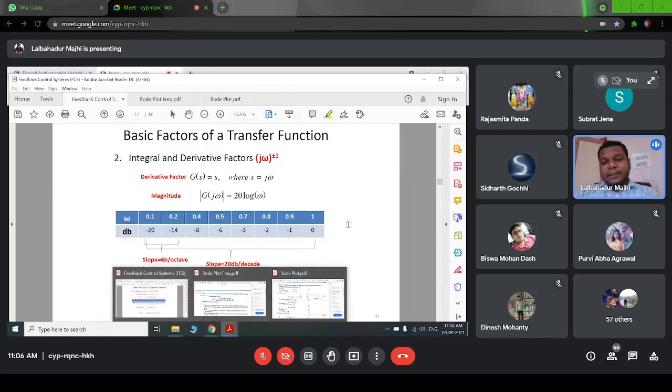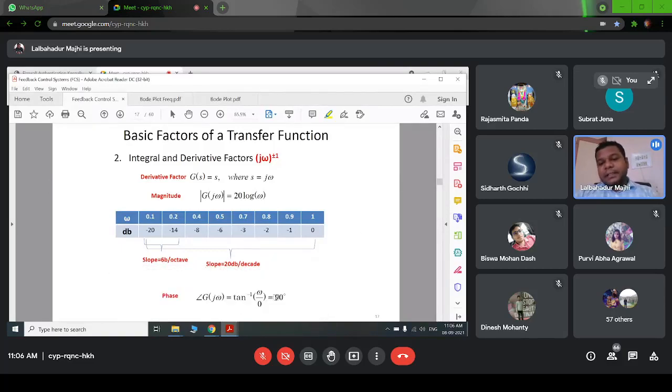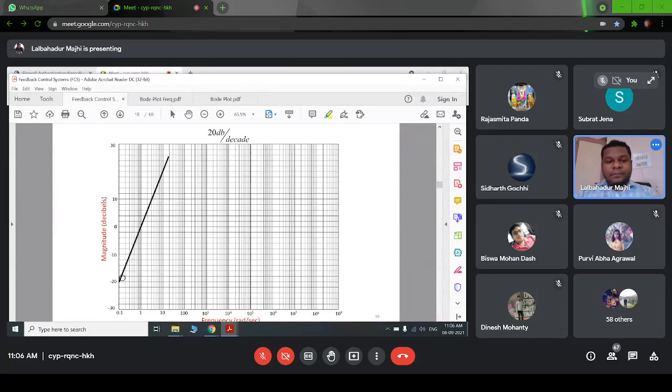Similarly, we know the phase angle. The phase angle will be tan inverse of the imaginary part by the real part. In this case, the real part is 0, so it will be tan inverse of omega by 0. So we get 90 degrees. Now this will be the slope, right? 20 dB per decade. At 0.1 frequency, we have the magnitude minus 20, and at frequency 1, we have the magnitude 0.